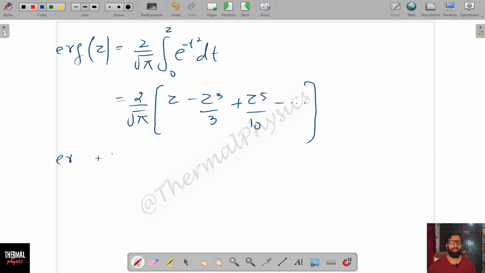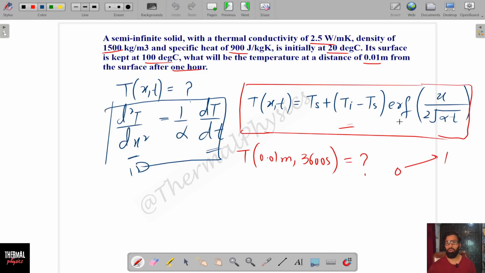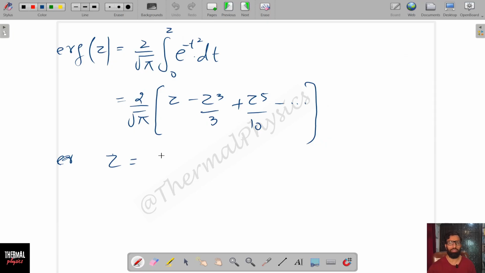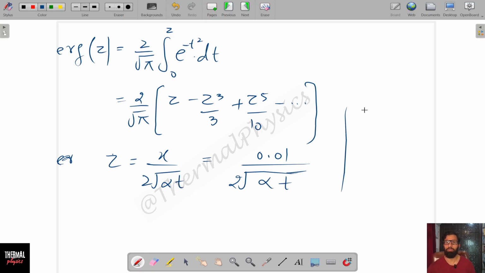For our case we have to find z, which is x divided by 2 square root of alpha t. We'll find this first. X is 0.01, 2 is 2, square root of alpha t. Now we have to find alpha first.